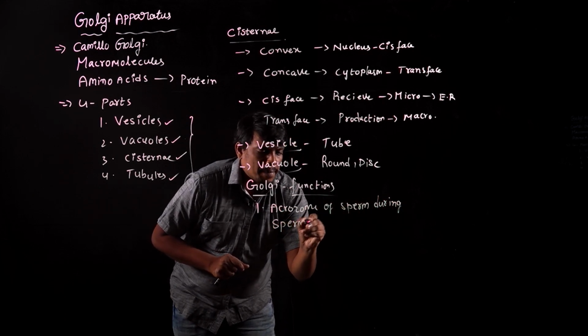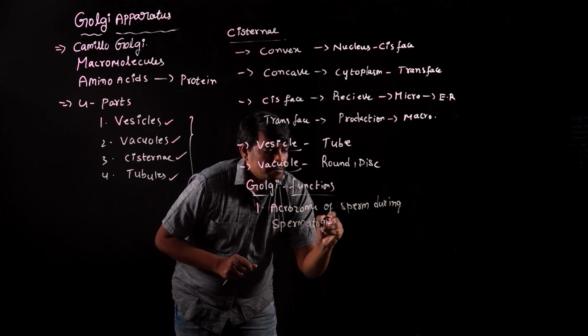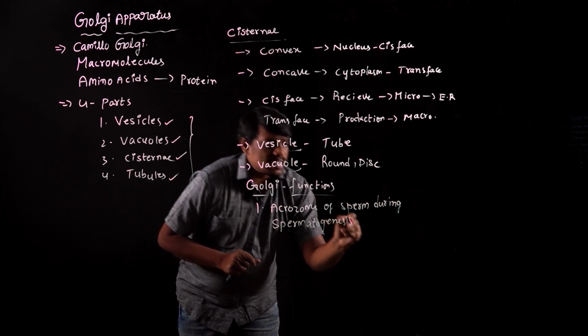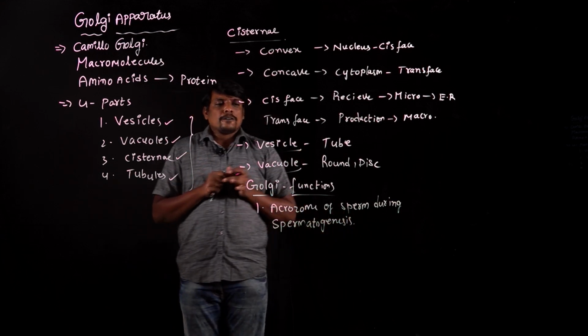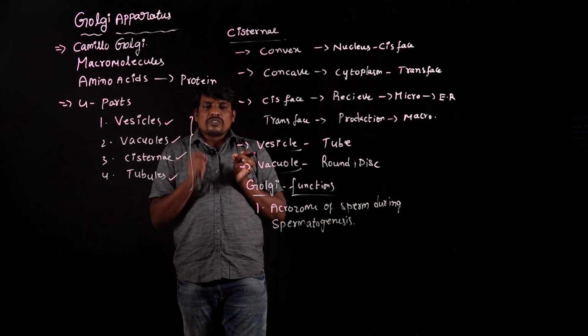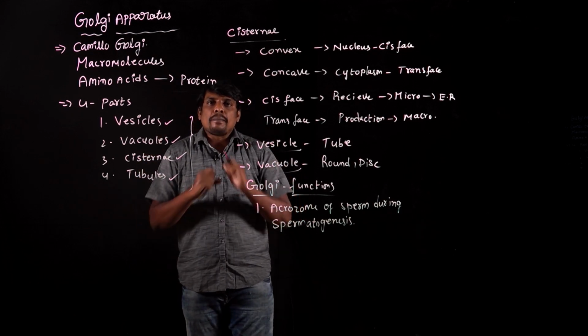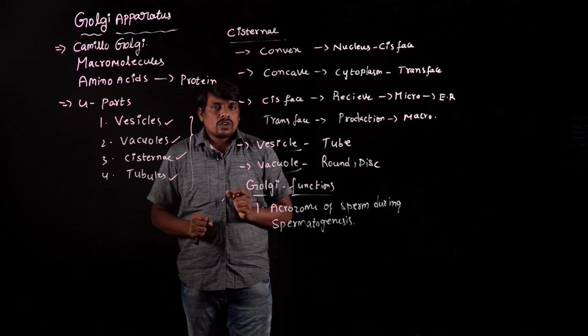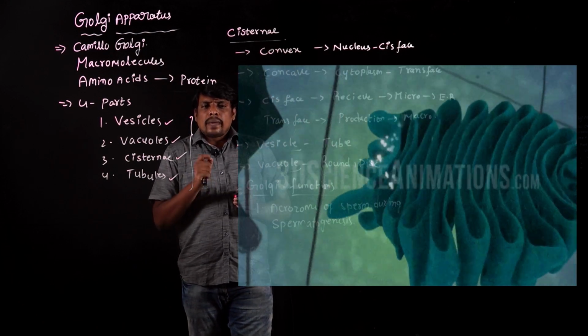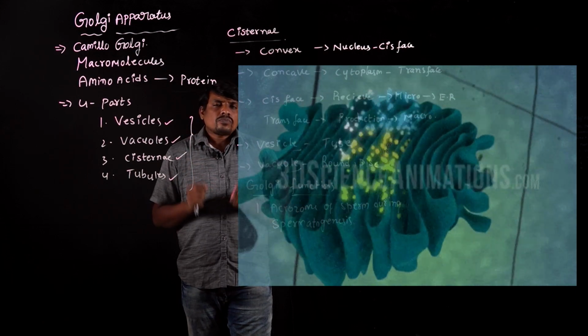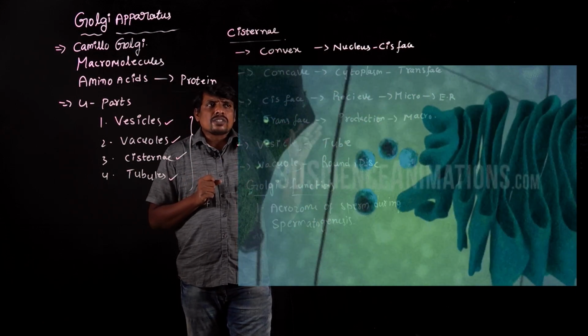What do you mean by spermatogenesis? The process of production of sperm cells from the testes is called spermatogenesis. The acrosome present in the sperm cell is made by Golgi operators. Not only making the acrosome, it also performs some other functions.